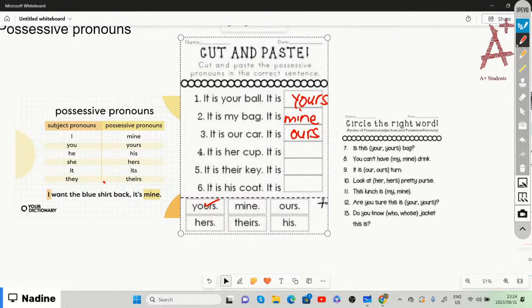It is her cup. Anything that belongs to her, a female figure, is for her, right? So if we say it is her cup, then the word that shows possession is hers.